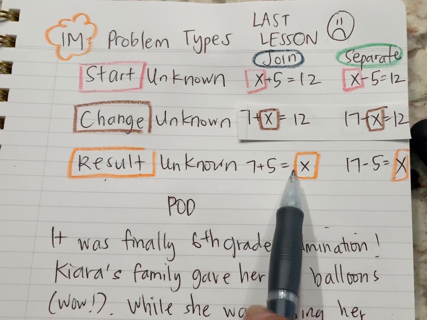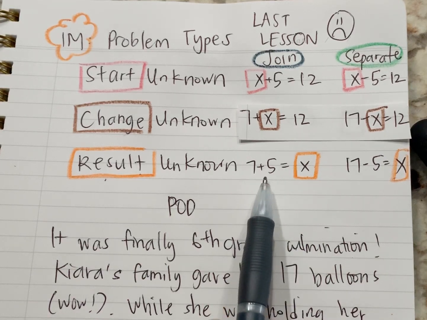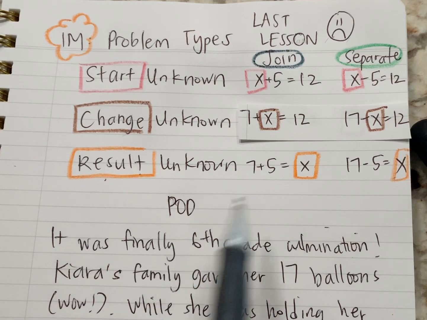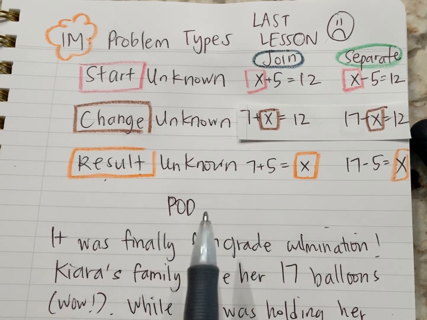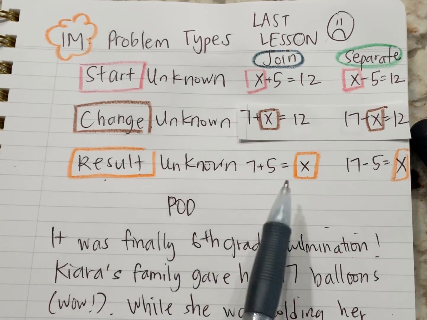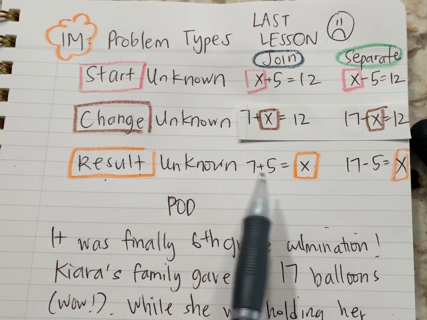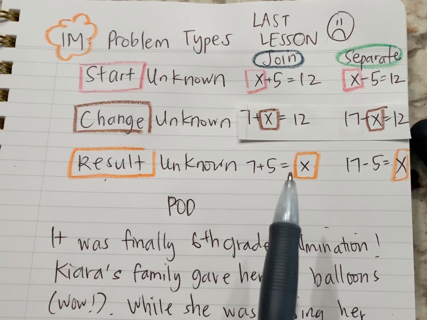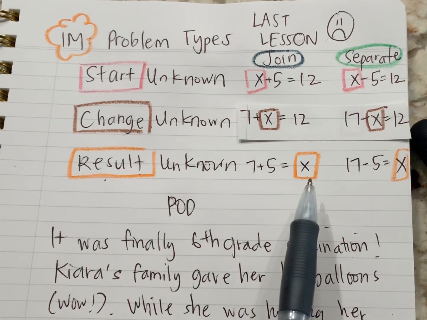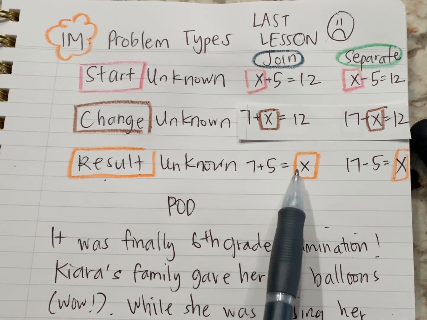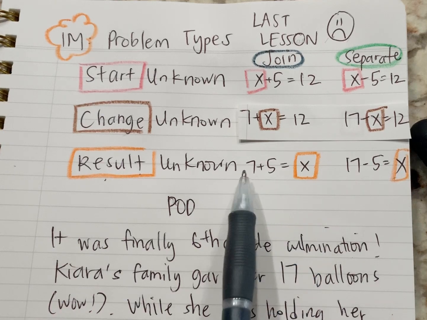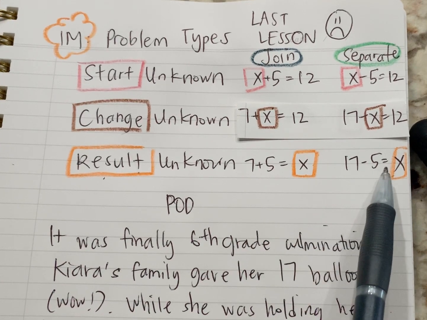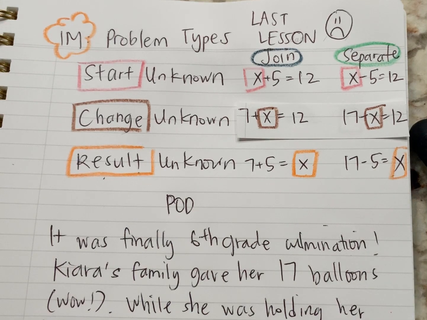It's not only when the unknown is after the equal sign that you consider that to be the answer. Any unknown that you have to figure out is your answer, right? But in this case, for result unknown, the unknown, the x, will be after the equal sign. 7 plus 5 is equal to x. 17 minus 5 is equal to x.